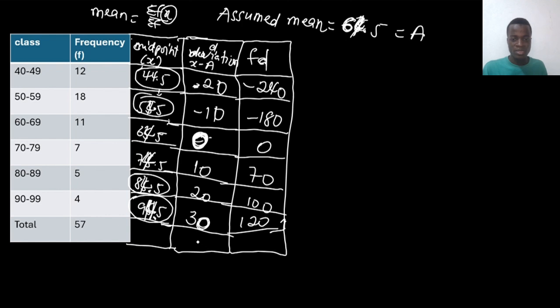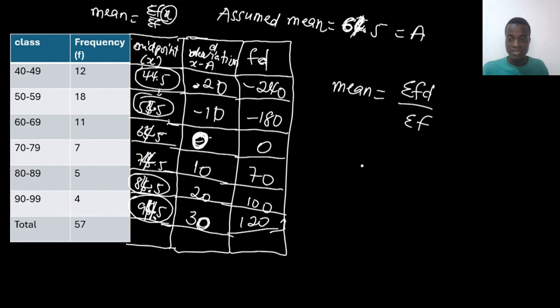Now this bottom is going to be sigma fd, the sum of all this. So our mean is equal to sigma fd all over sigma f. Sigma means the sum, right? So we need to sum all this fd: negative 240 minus 180 plus 0 plus 70 plus 100 plus 120.